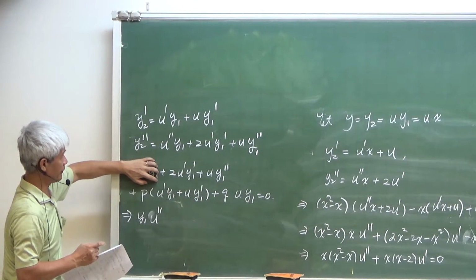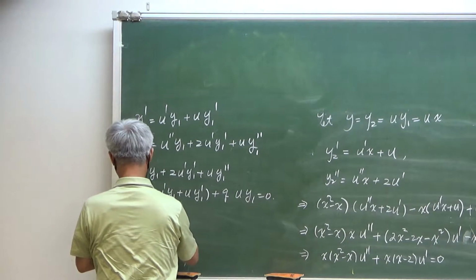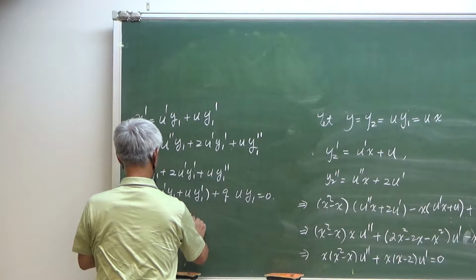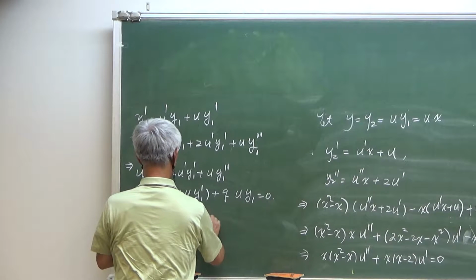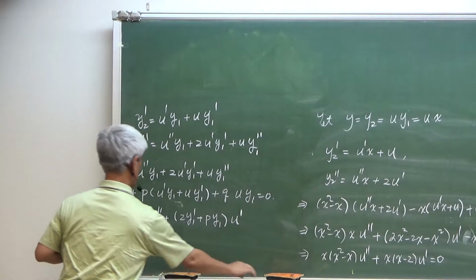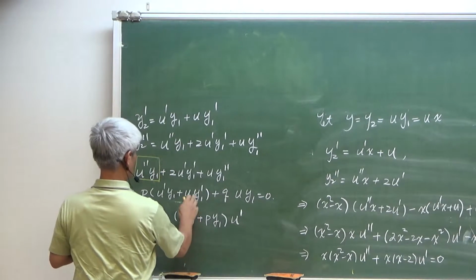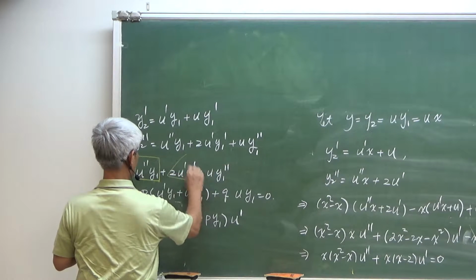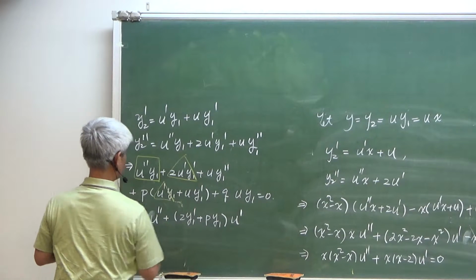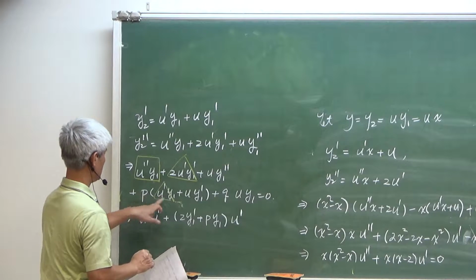For the first derivative of u, you have this term and this term, so you have u prime times (2 y1 prime plus p y1).